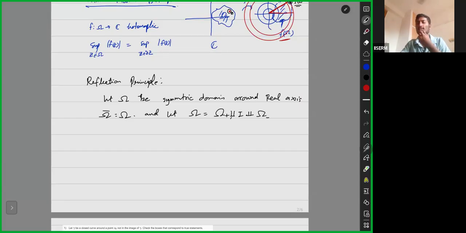So omega plus is those complex numbers inside omega having imaginary part positive, this is above the real axis, and omega minus is those elements of omega having imaginary part negative, below the real axis. I is the intersection part with the real axis. Okay, so omega is connected. It always intersects the real axis.